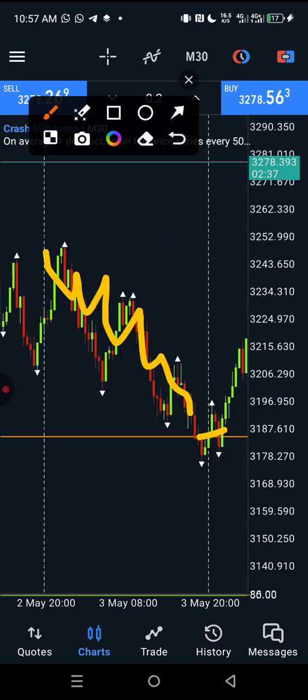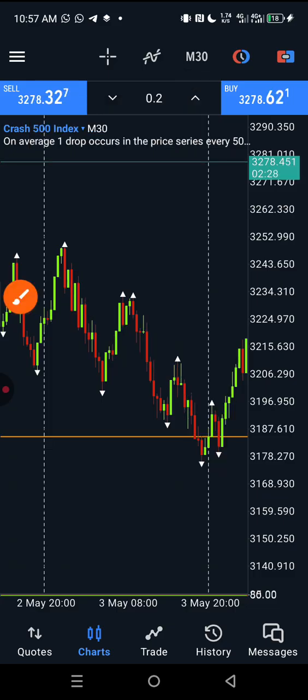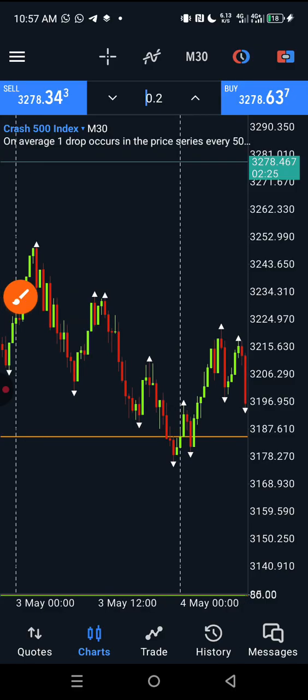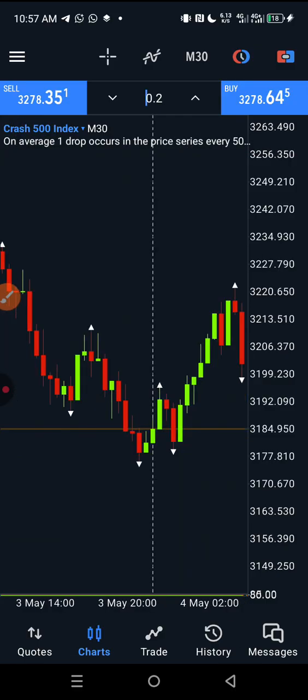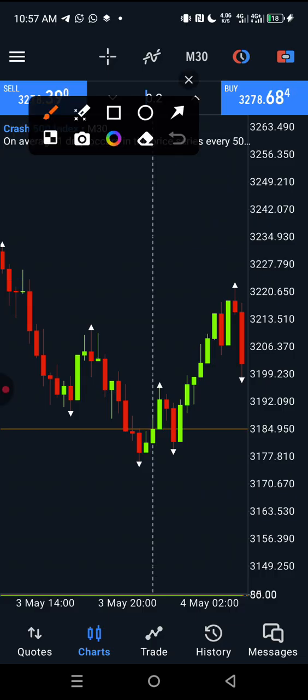But before forming a new day, there was a reversal pattern which we call a double bottom, a bullish reversal chart pattern. So this trend would have continued down, because remember I said this strategy is a trend entry or reversal pattern entry. Because price was on a downtrend, we are anticipating that it should form a new day and then continue the downtrend or create a new high and continue down.